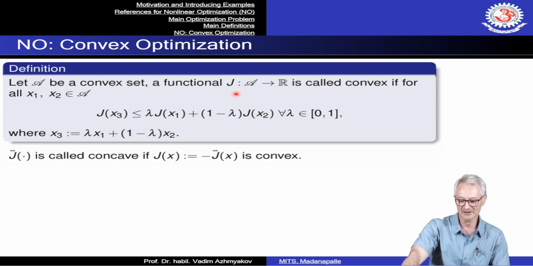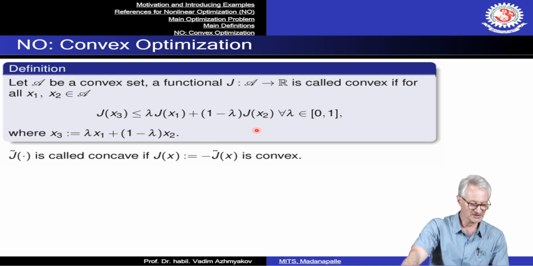Therefore, our convexity of a functional is strongly related to the objective functional J. And this functional is called convex if we have such inequality, sometimes called Jensen inequality, but this is practically the definition of the convexity of the functional.